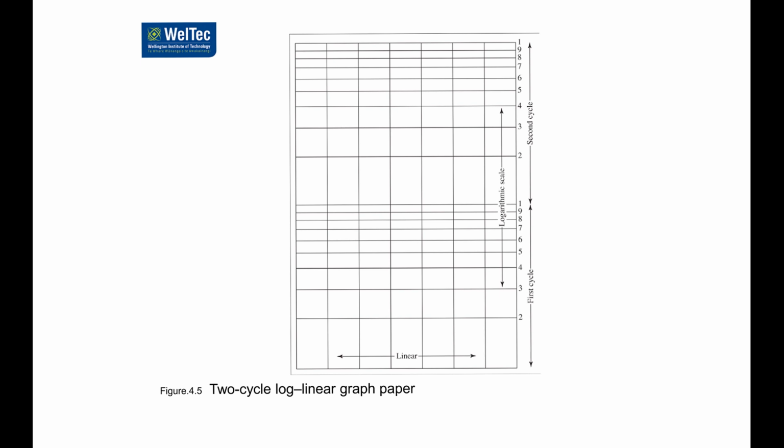See, it says it's two-cycle log linear paper. That's because we're going from 1 at the bottom to 10 to the power of 2. If we were going from 10 to the negative 2 to 10 to the power of 3, then we'd say that was 5-cycle paper.